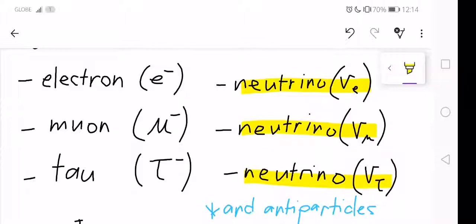Although these 3 neutrinos are similar, they're not the same, because electron neutrinos can be observed in beta decays involving electrons, muon neutrinos in muon decays involving muons, and same goes for tau decays involving tau particles. These 6 particles have corresponding antiparticles.